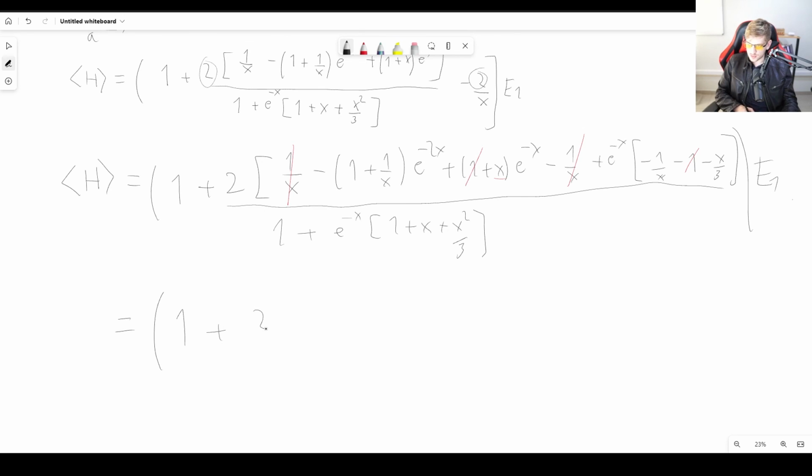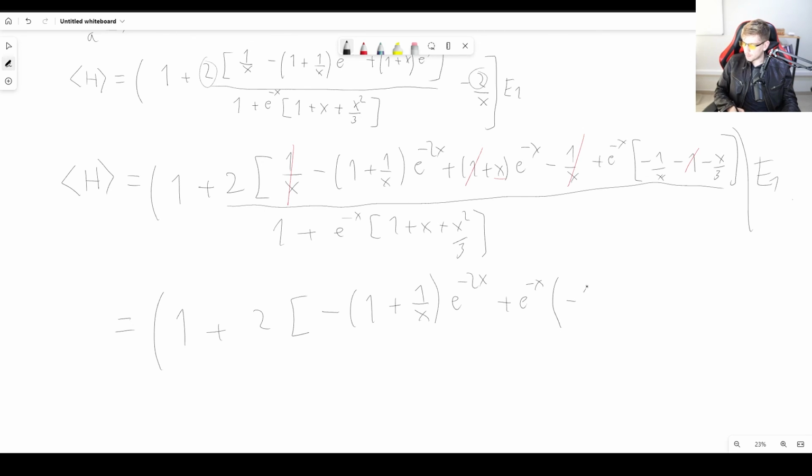So 1 plus 2. In here, nothing really changes, does it? No, nothing changes in there. So we get minus 1 plus 1 over x, e to the minus 2x. And then we have plus, this is going to be the part with the e to the minus x.